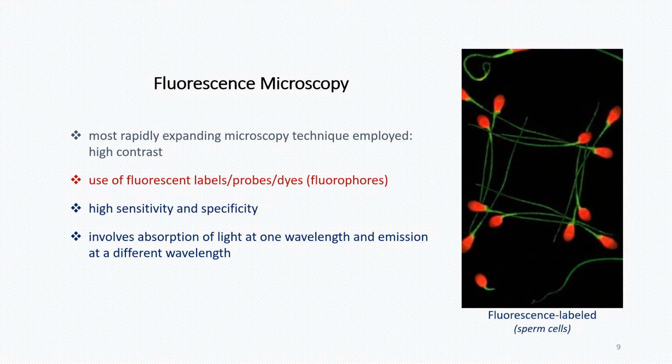Fluorescence involves the use of molecules that are designed to respond to a specific stimulus or to localize within a specific region of a biological specimen. It has a number of advantages over other forms of microscopy, offering high sensitivity and specificity. Fluorescence involves an object absorbing light at one wavelength and then re-emitting it at another wavelength.